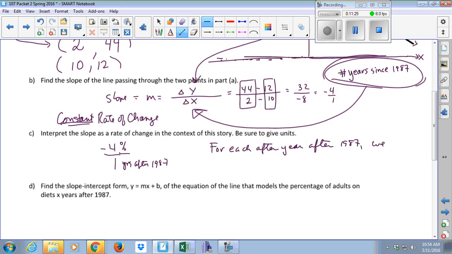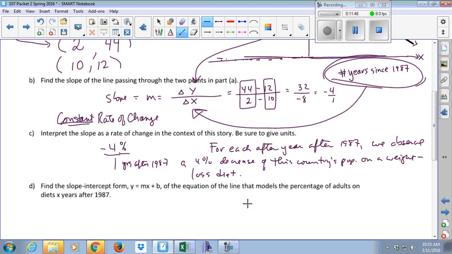We observe, yep, a 4% decrease of this country's population, whatever country it is, on a weight loss diet. All right. And as I said, you could have started off with, we observed that there's a decline in the percentage of the population, 4% each year after 1987. There's lots of ways to say it.